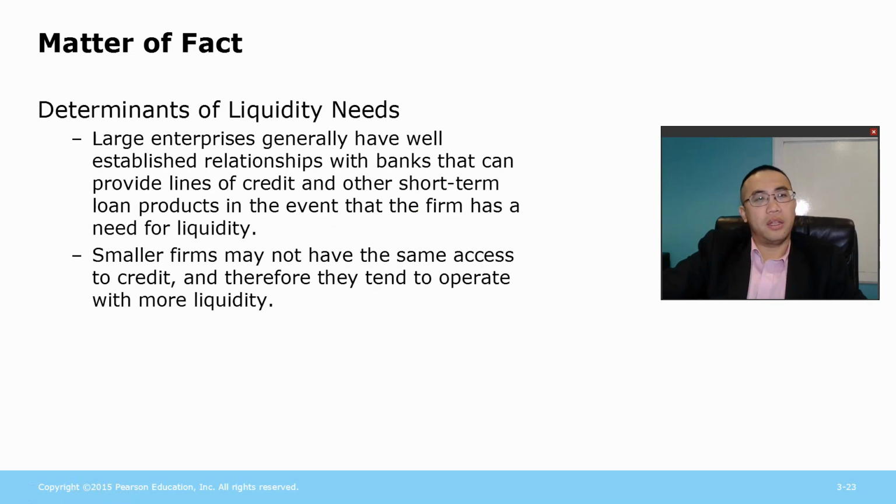All right. And the firm, of course, needs liquidity, just like a human needs blood in their body. A firm needs cash or liquidity to run its operations. Otherwise, the firm will not survive, just like a human cannot survive without blood.